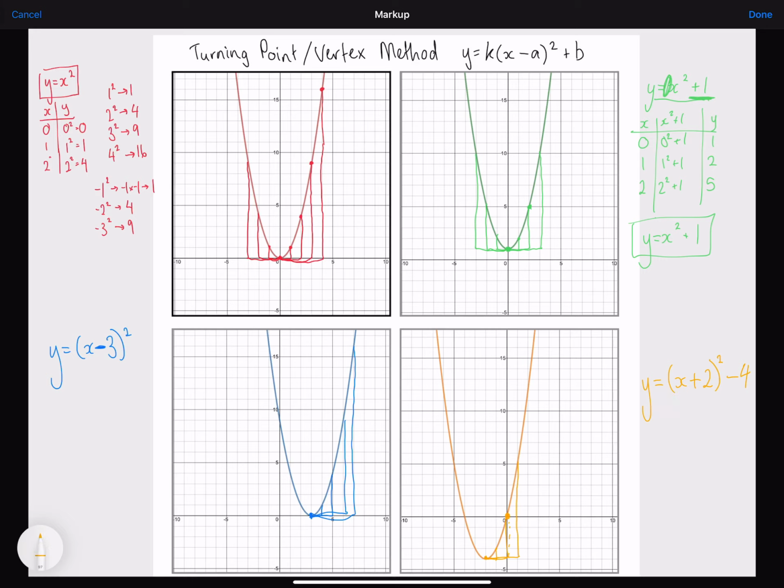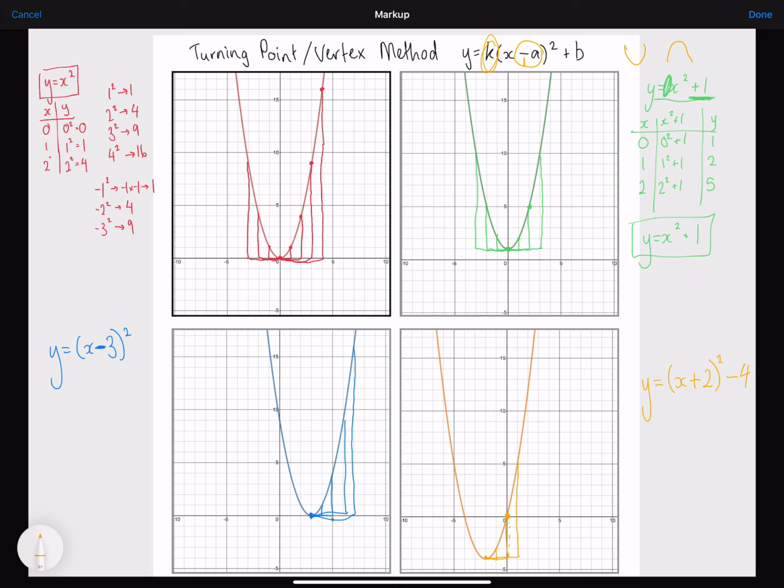So if we go back up to the top here, this k represents the scale factor, kind of like the gradient, how steep is it, or that would also tell us if it's a positive shaped parabola or a negative shaped parabola. Then we've got here, this is our horizontal shift.